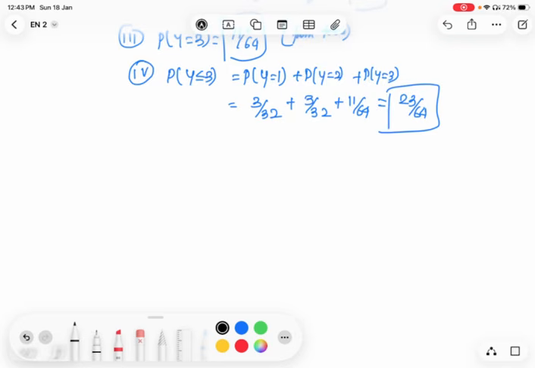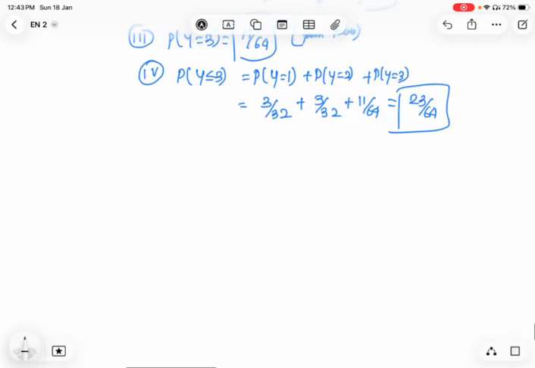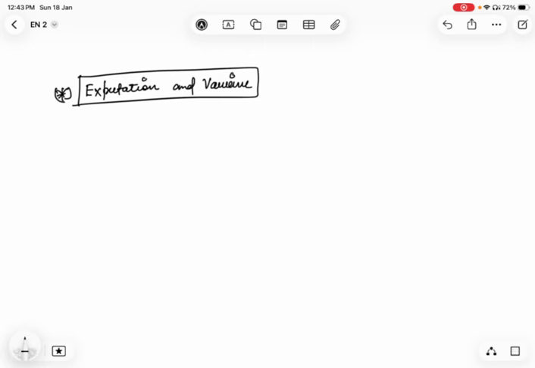Okay, let me start. Expectation and variance. This is an important topic. In expectation and variance, there is a concept of moment generating function, then probability generating function, and characteristic function.